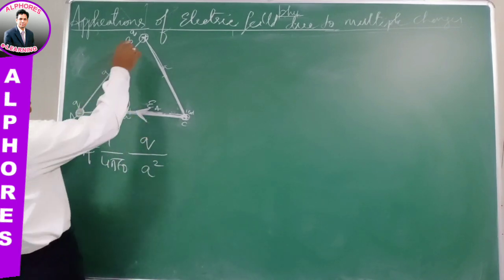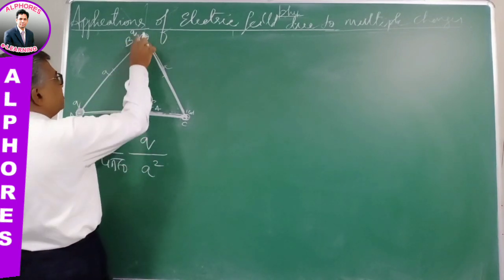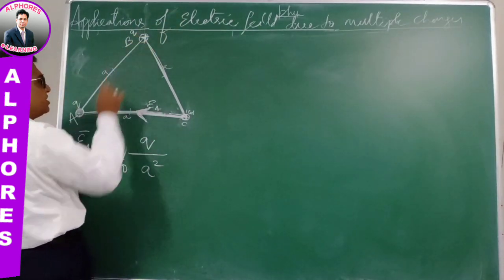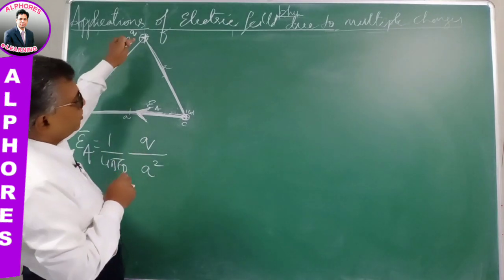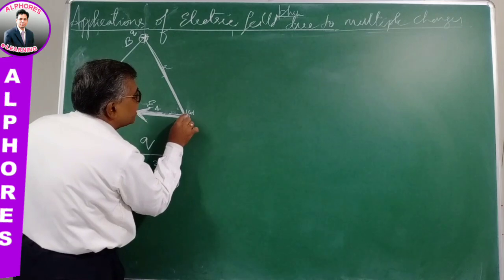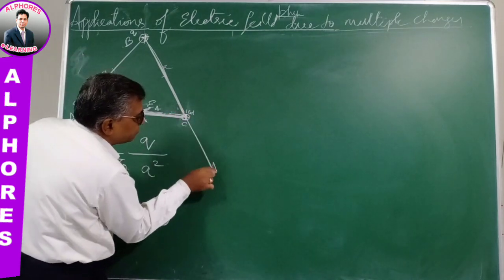Second, now consider the field due to the charge at B. Now this is a positive charge, and it repels the positive test charge.